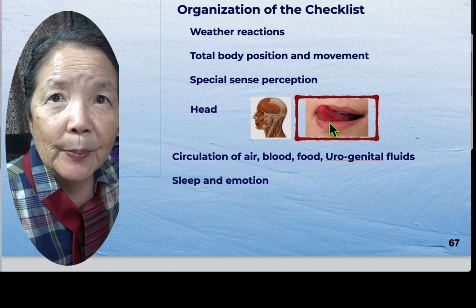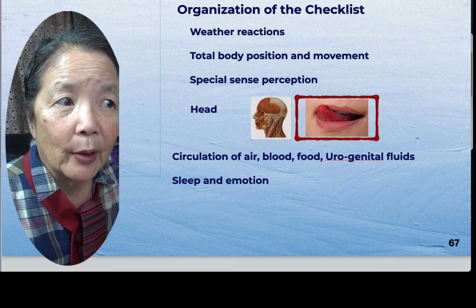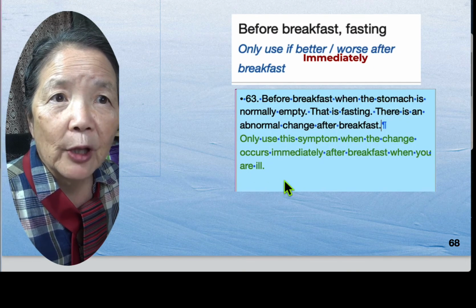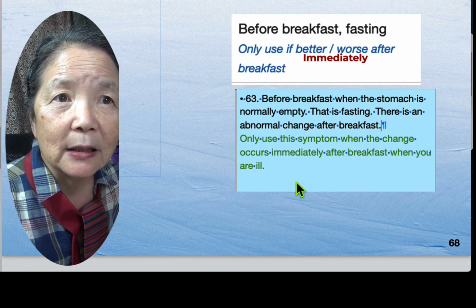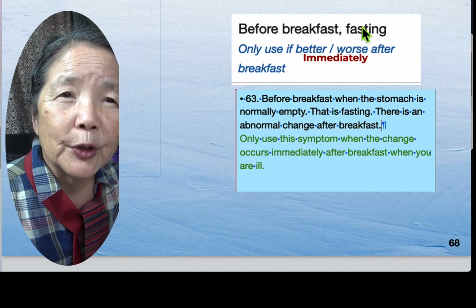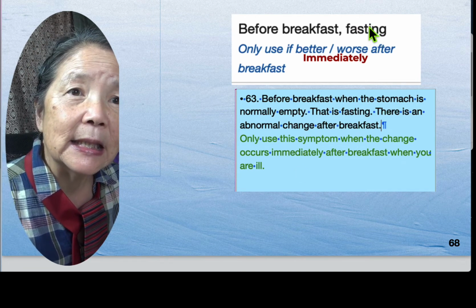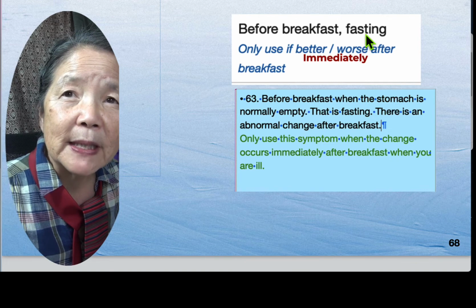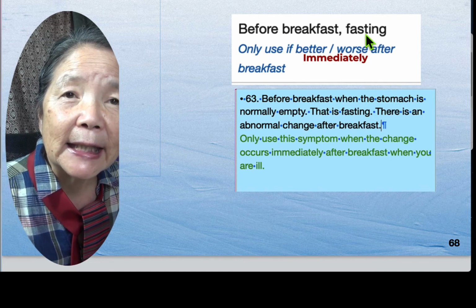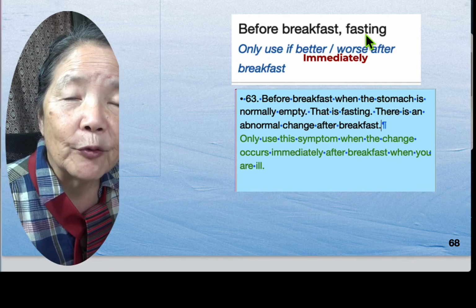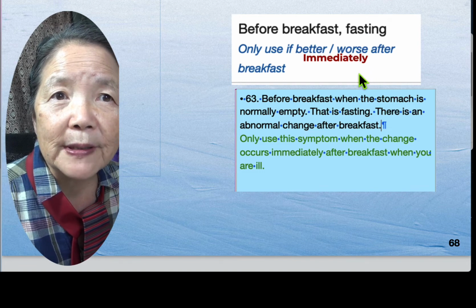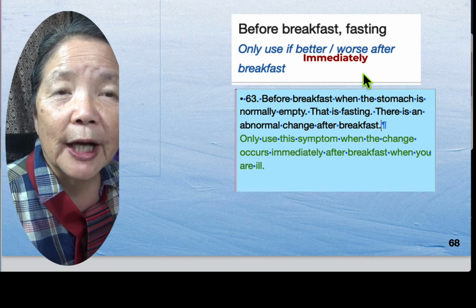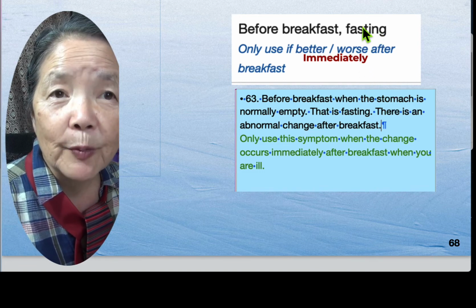Now we're coming to the mouth. We just talked about the mouth, but this all has to do with eating. And the word fasting in homeopathy always means not eating. So before breakfast, presumably you've been sleeping, and so you have not been eating, so you've been fasting.